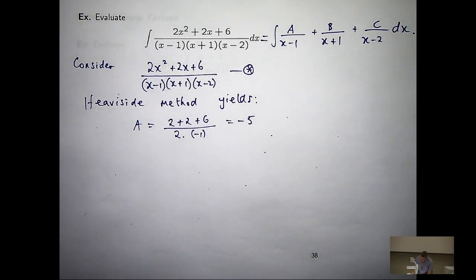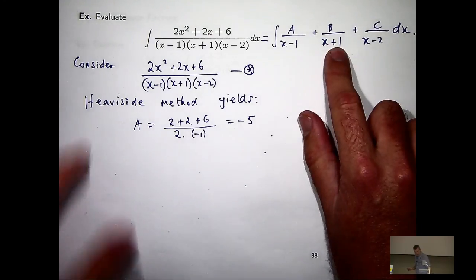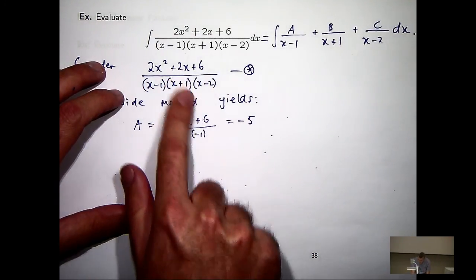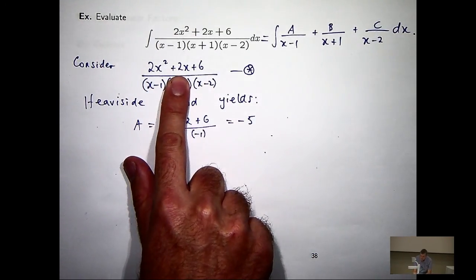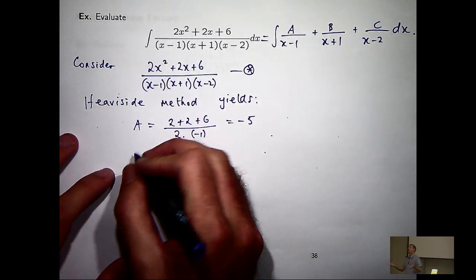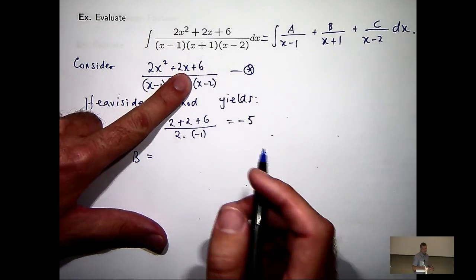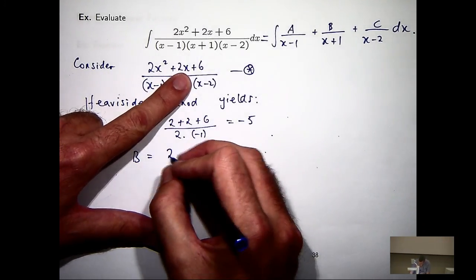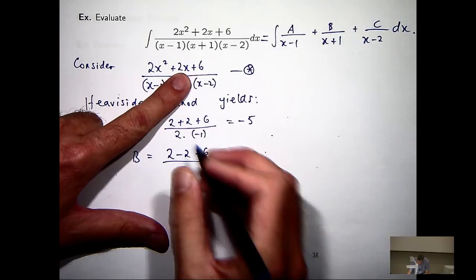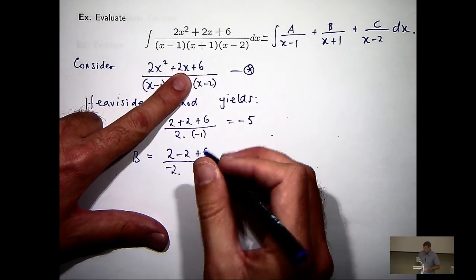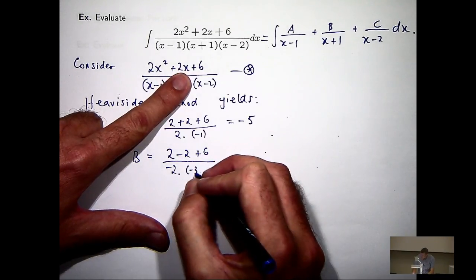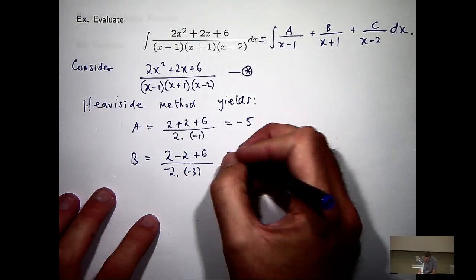For B, it lies above x plus 1. Go here, cover up x plus 1 and substitute in x equals minus 1. If I cover that up and substitute in x equals minus 1, you're going to get something like this.